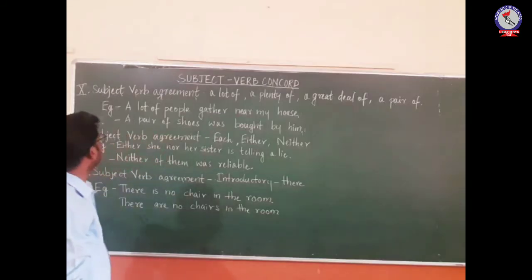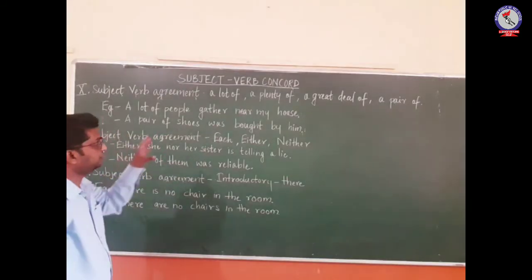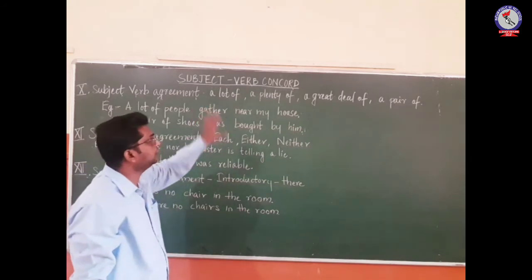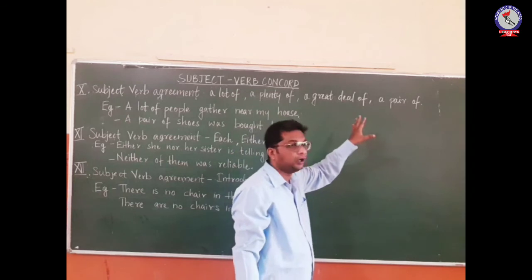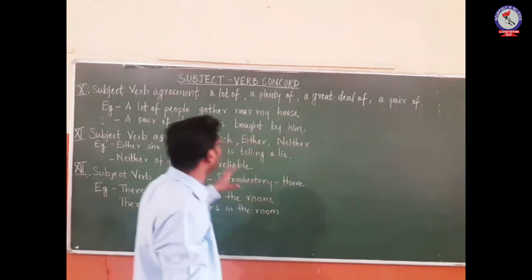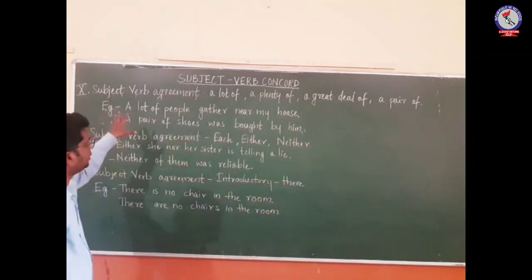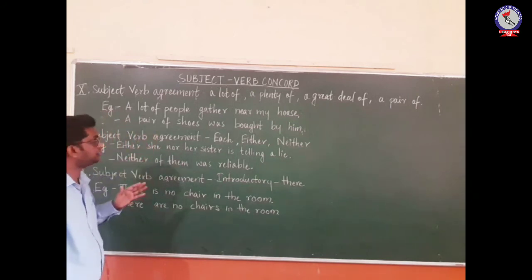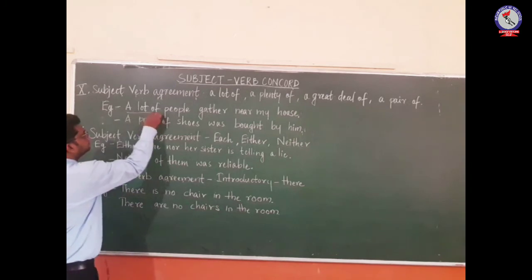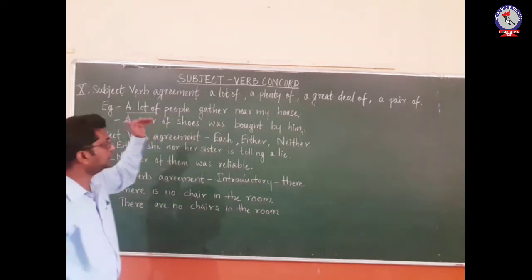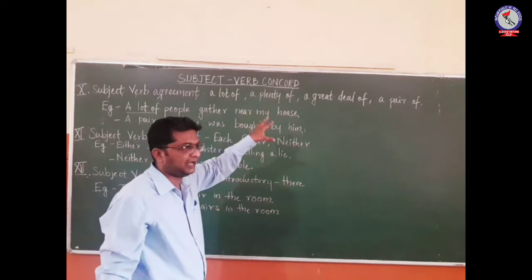See the subject-verb agreement in phrases like a lot of, a plenty of, a great deal of, a pair of. We will see the implementation of subject-verb agreement in such phrases. See the example. A lot of people gather near my house.